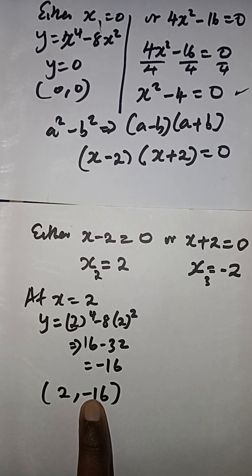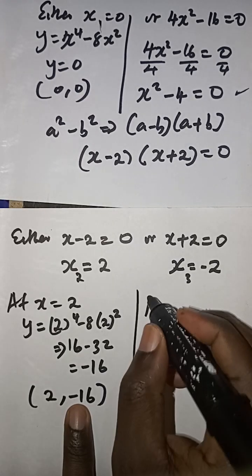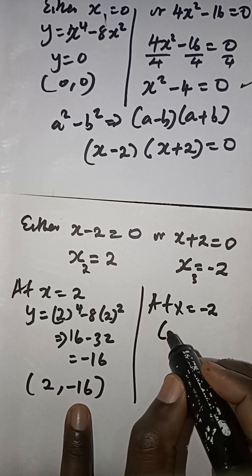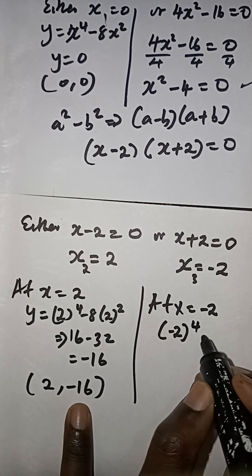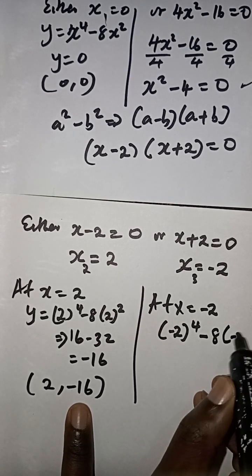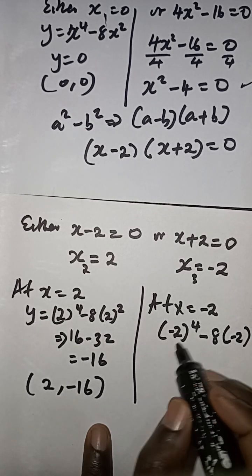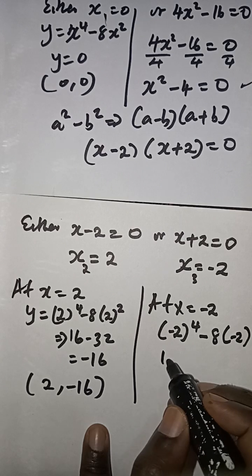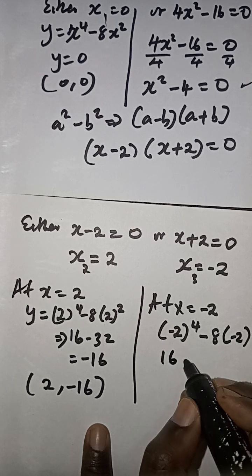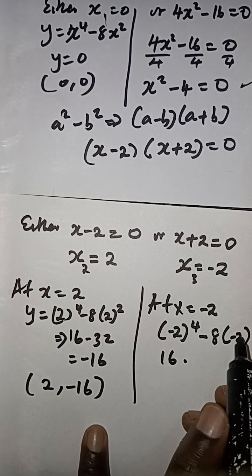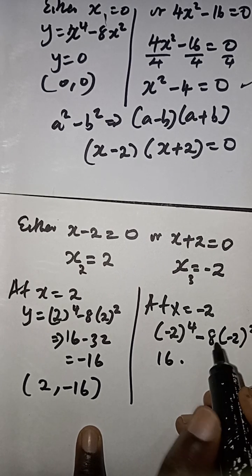Let us see at x equal to negative 2, substituting again in our original equation. Of course, when you take negative 2 to the power 4, you get 16. And negative 2 squared is 4, times 8.